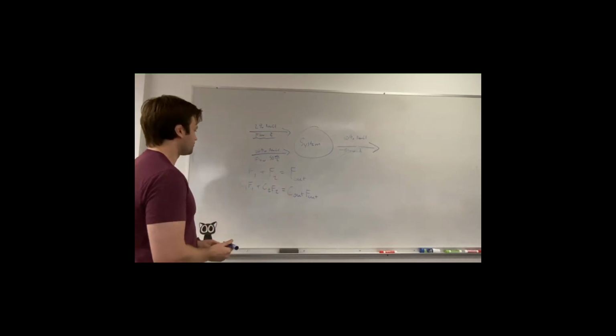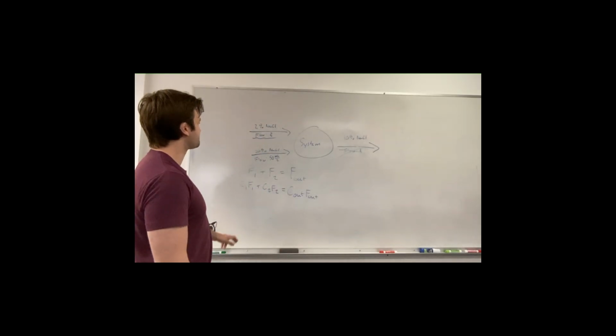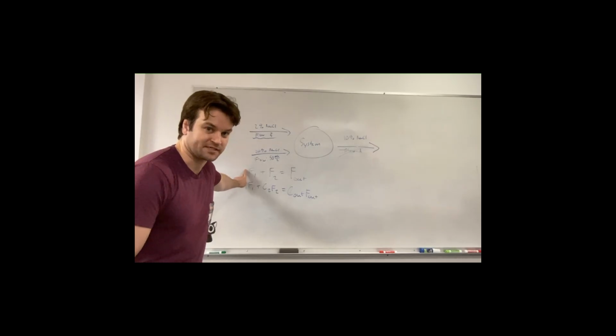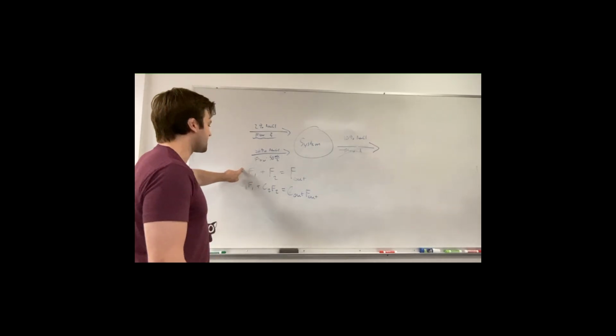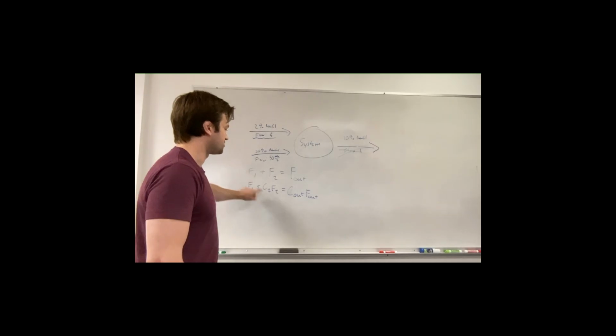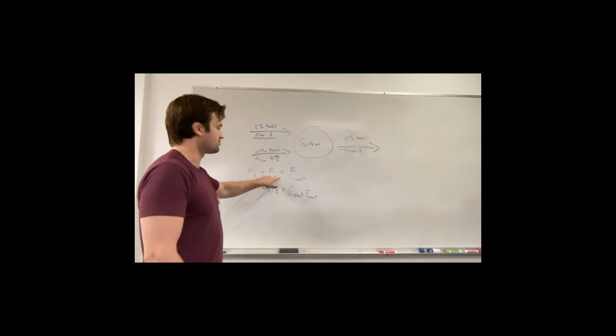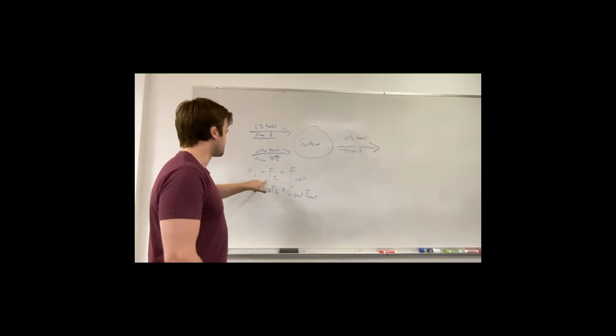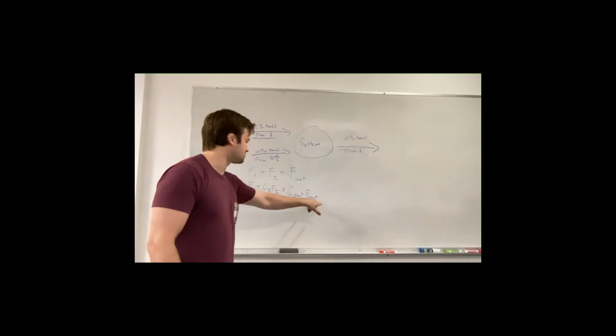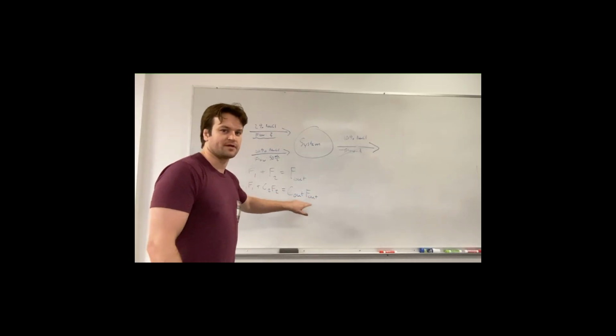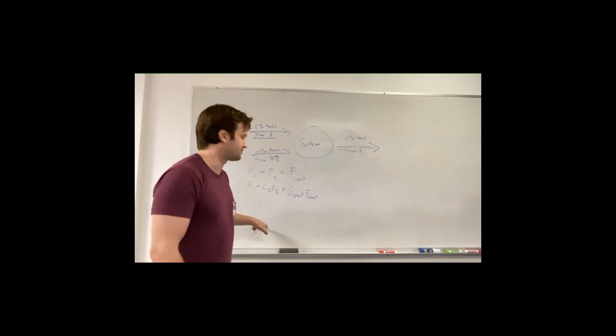And from here, we need to find our F1. That is what we need to isolate. I know that we technically have two unknowns. We don't have our F out, but thanks to this equation up here, we can substitute F1 and F2 into F out and then algebraically solve for F1.